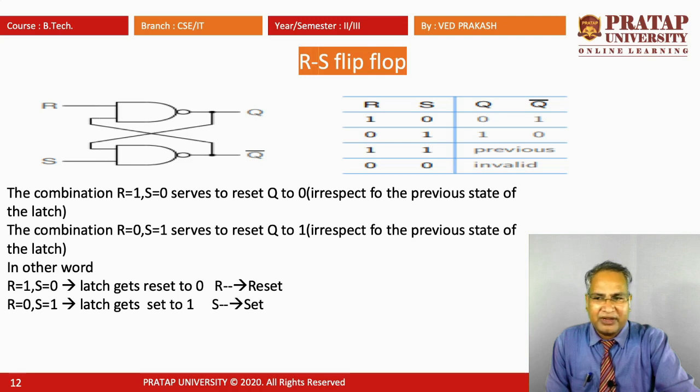So in short, we can say with the value of R1 and S0 the latch gets reset to 0, and in the case of R high, we say that the state is a reset state. When we get R value 0 and S value 1, then it gets set to 1, and in this case we call it a set case or set state.